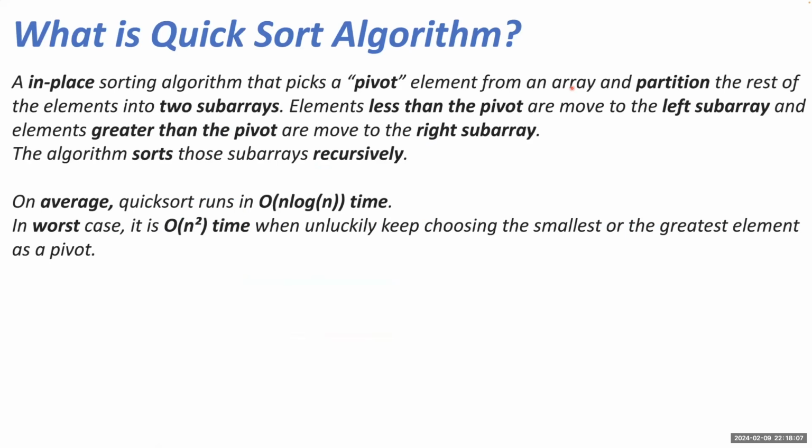Every element less than the pivot is moved to the left sub-array and every element greater than the pivot is moved to the right sub-array. And this algorithm will sort recursively. On average, quicksort will run in O(n log n) time, and in the worst case, it will run in O(n squared) time.